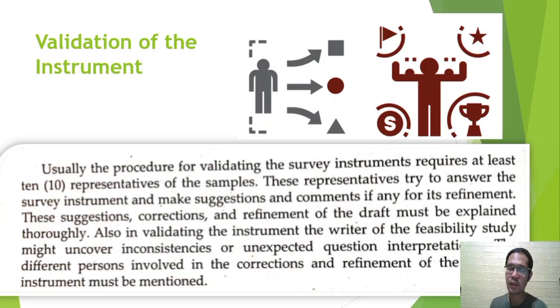So these suggestions, corrections, and refinement of the draft must be explained thoroughly. Also, in validating the instrument, the writer of the feasibility study might uncover inconsistencies or unexpected question interpretations. So, the different persons involved in the corrections and refinements must be mentioned.